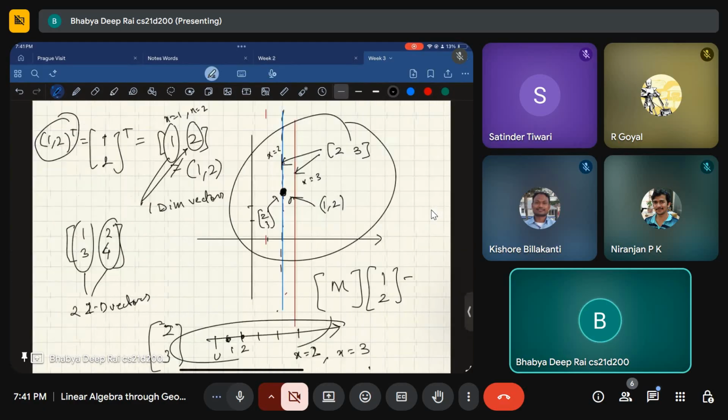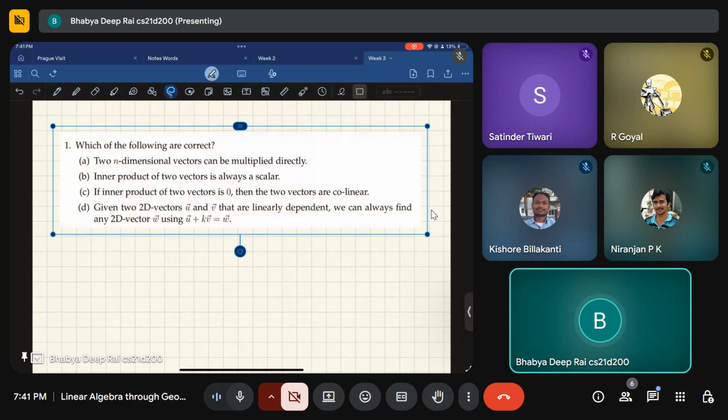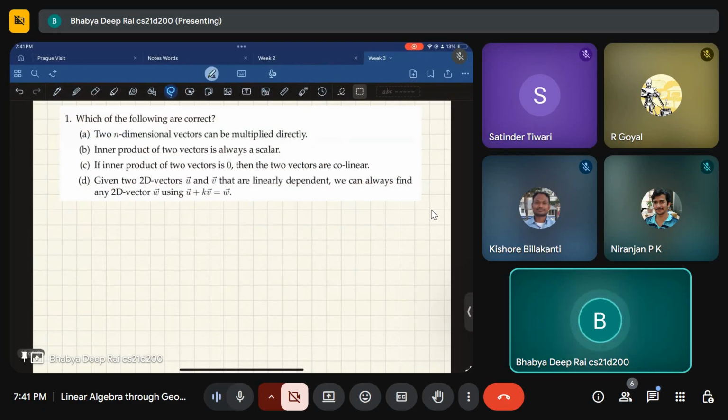So if you have u and v that are linearly dependent, which means you can write one vector as a linear combination of the other. What is a linear combination?